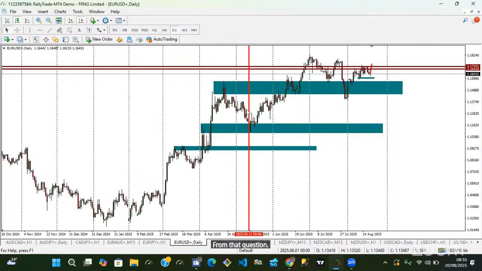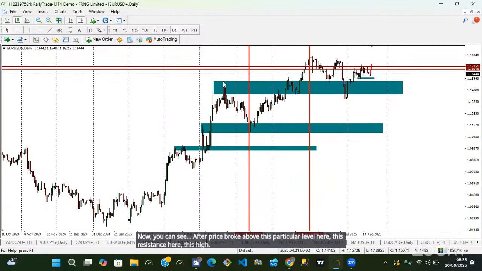So from here all the way to here. Now, you can see after price broke above this particular level, this resistance, this high, price broke above.